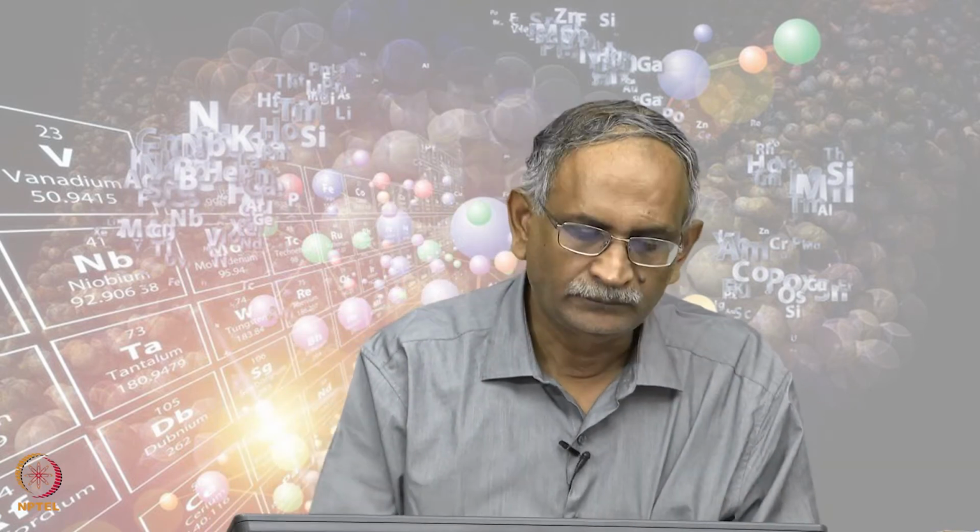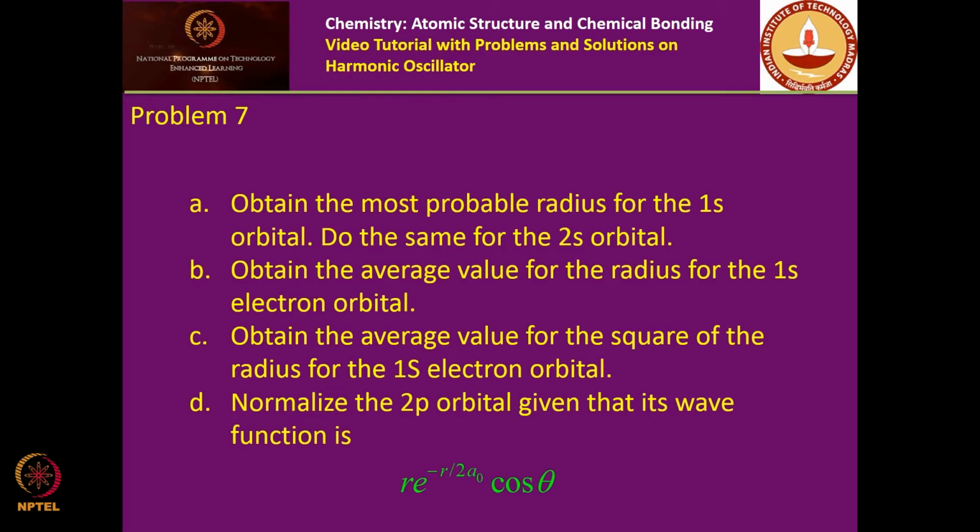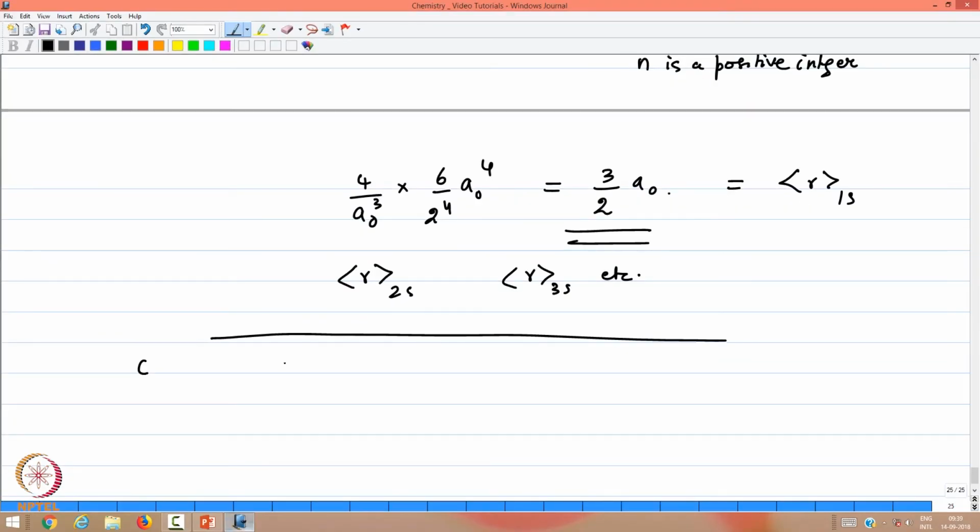Therefore, the classical or the semi or the pre-quantum description that Niels Bohr gave, using quantization of angular momentum on an ad hoc basis and using classical mechanics to get approximate values for the orbits, the Schrodinger's wave equation provides a mathematically clear and, as we know today, the correct picture using the wave functions and the probabilities. Okay. Third, problem C is, if I recall, the average value for the square of the radius, r square.